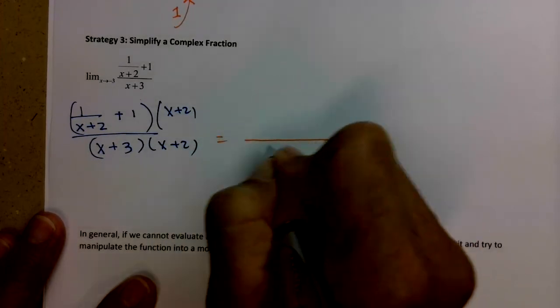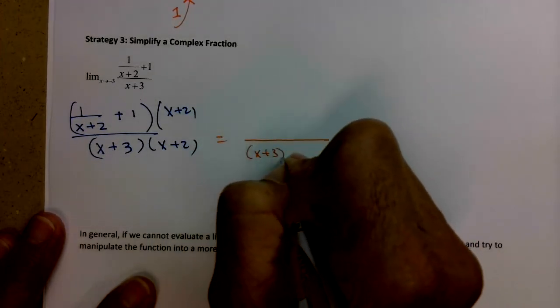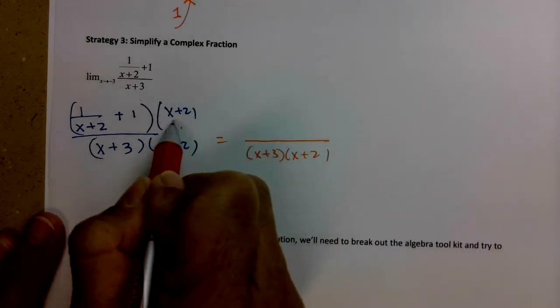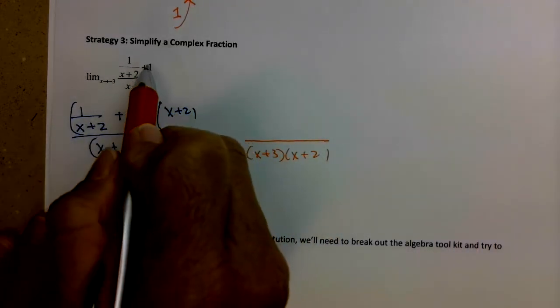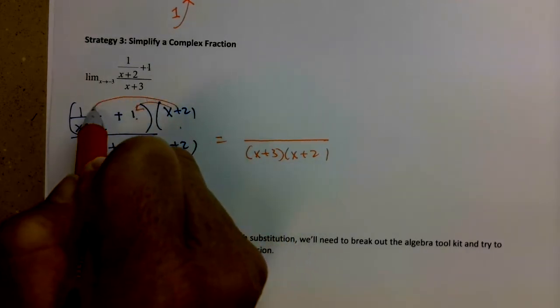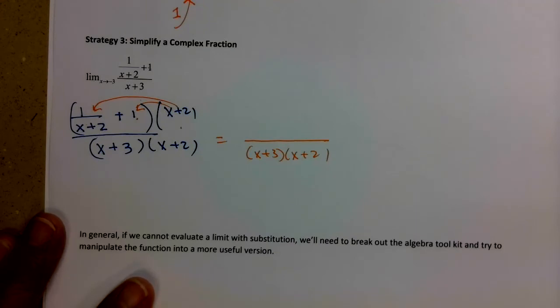Okay, so the denominator is now x plus 3 times x plus 2. And the numerator, this x plus 2, multiplies both pieces that were in the numerator, so it's going to distribute. It's going to multiply the 1, and it's going to multiply that 1 over x plus 2.